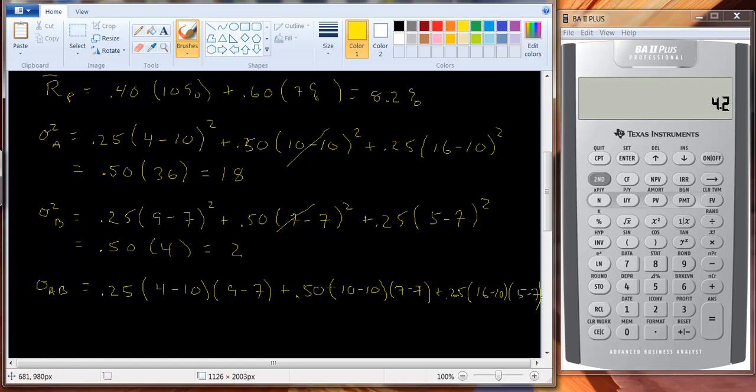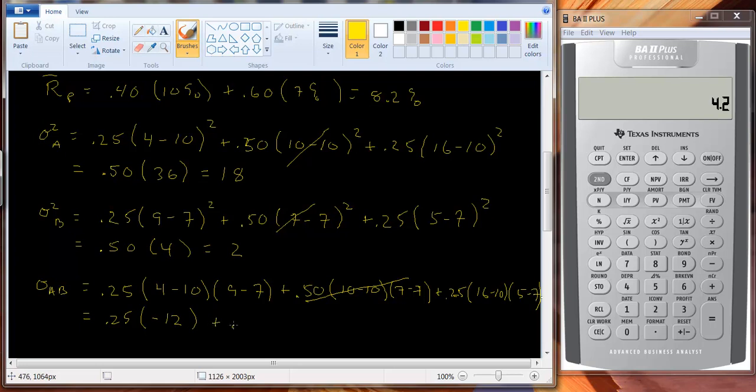So let's see, this middle term drops out, right? 10 minus 10, 7 minus 7 are 0, if either one of those were 0. So what do we have here? We have minus 6 times positive 2. So this is going to be equal to 0.25 times minus 6 times positive 2, which is minus 12.